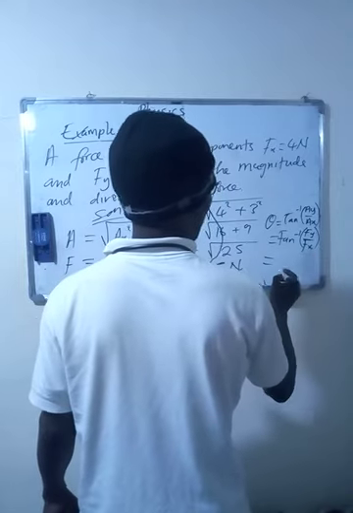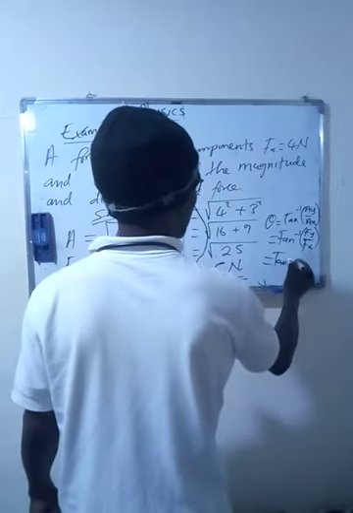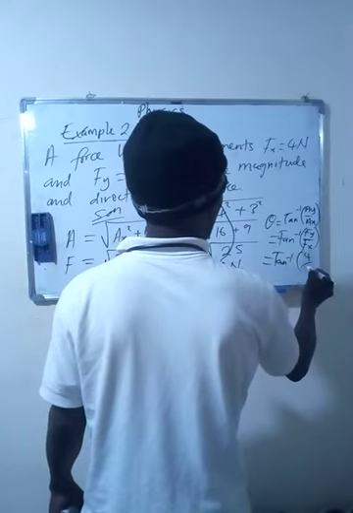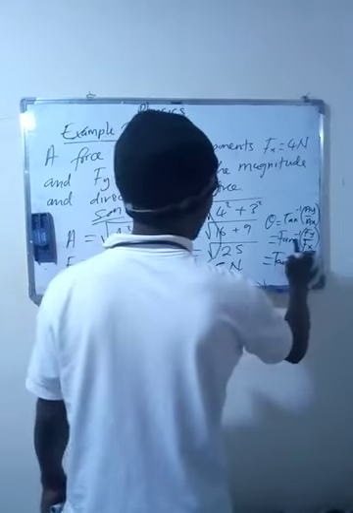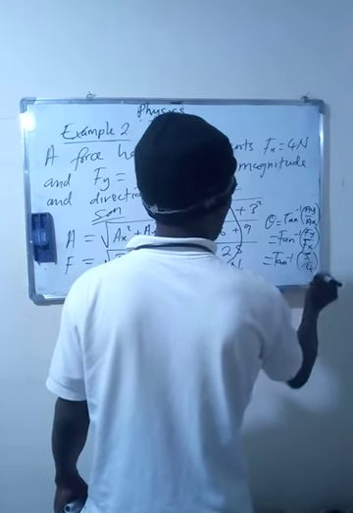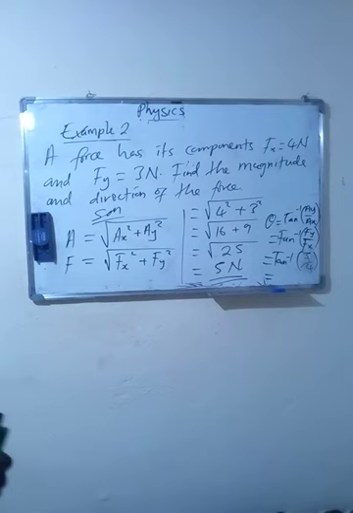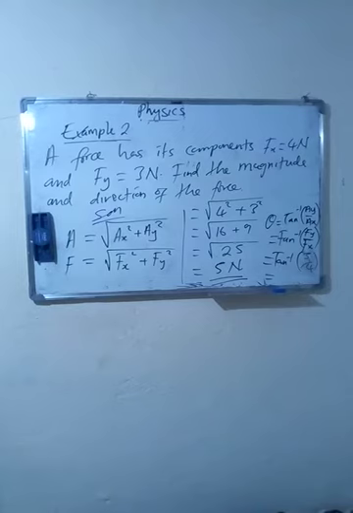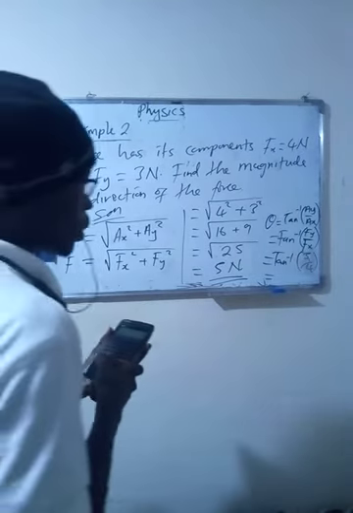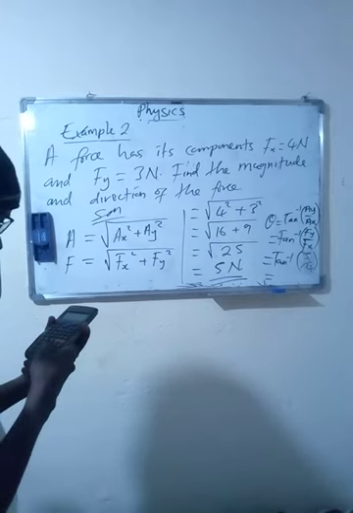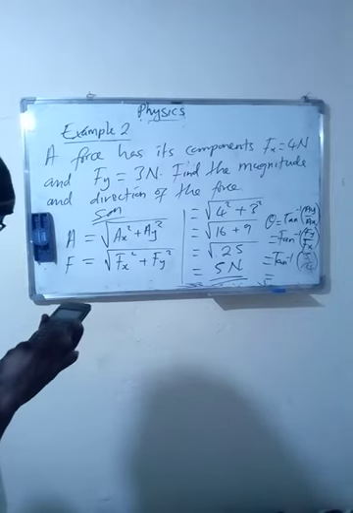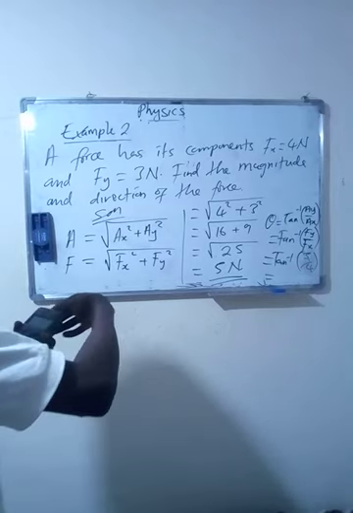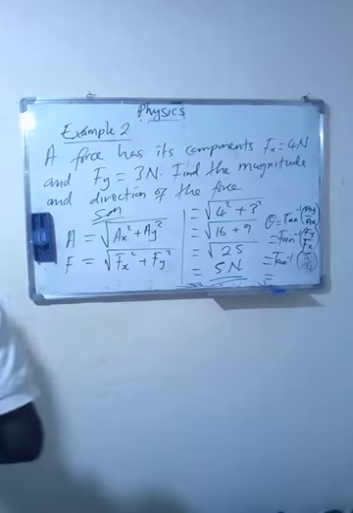So we want 3 divided by 4, and then the tan inverse of that. This is giving us 36.9 degrees. So that is how you get the magnitude and direction of a vector. This is very straightforward, very simple, and very easy to deal with.